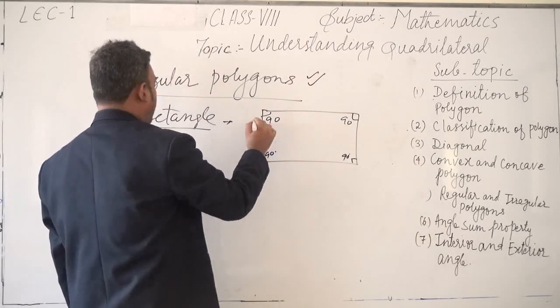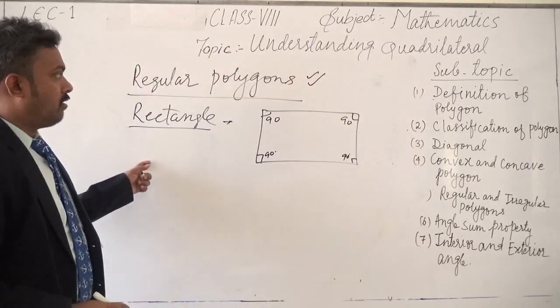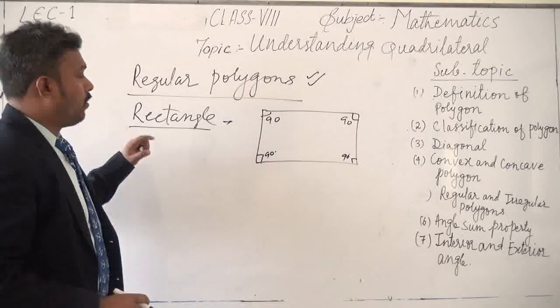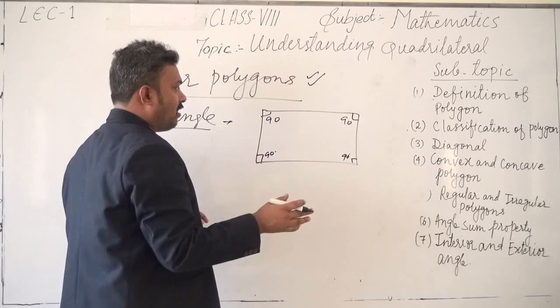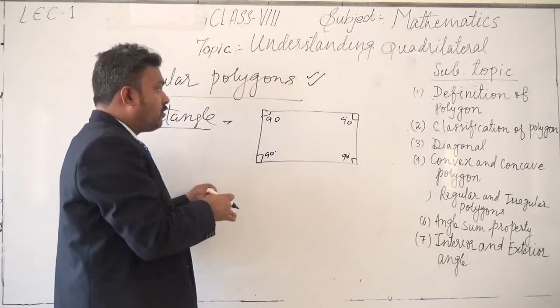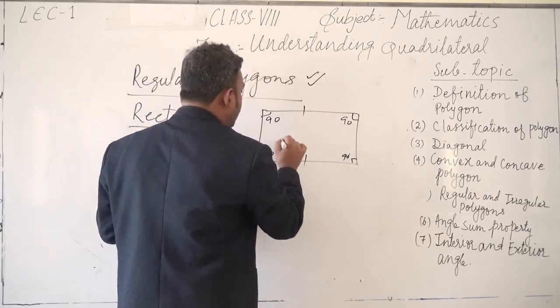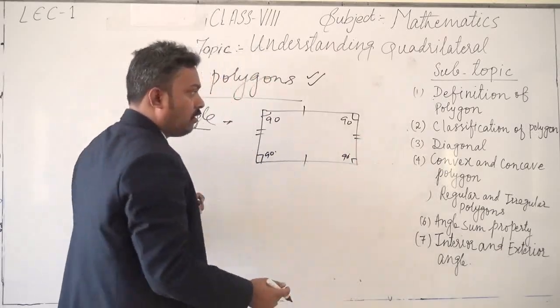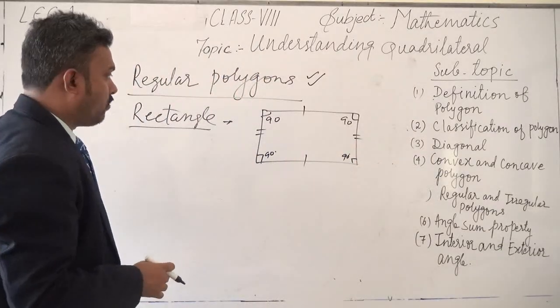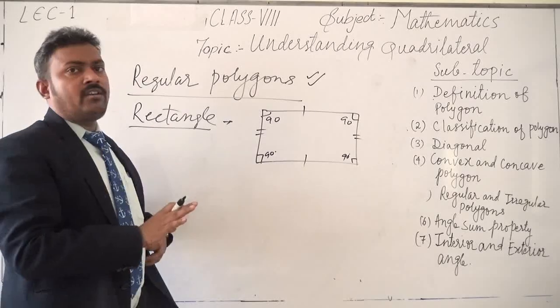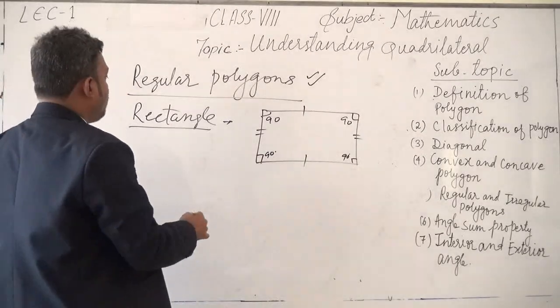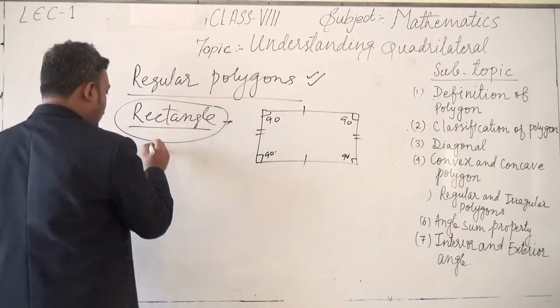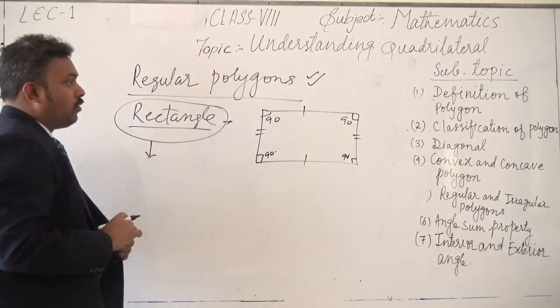But the second condition necessary to be a regular polygon: are all sides equal? No, only the opposite sides are equal, which means this is equiangular but not equilateral, which means this is not a regular polygon.